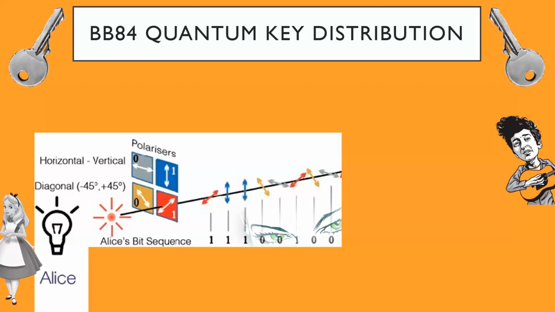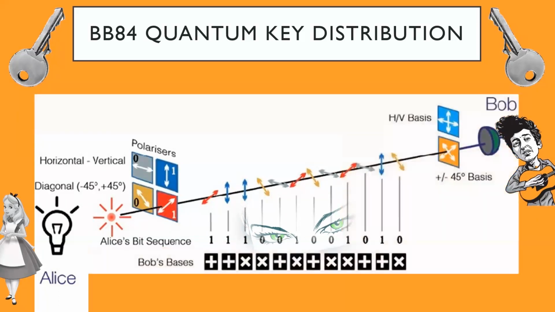For example, the vertical one will be in a superposition for the diagonal anti-diagonal basis. So she sends many states quite randomly to her friend Bob. Bob himself doesn't know what Alice is sending, not even the basis that he should use, so he also measures randomly, some in the horizontal-vertical basis, some in the diagonal anti-diagonal basis.